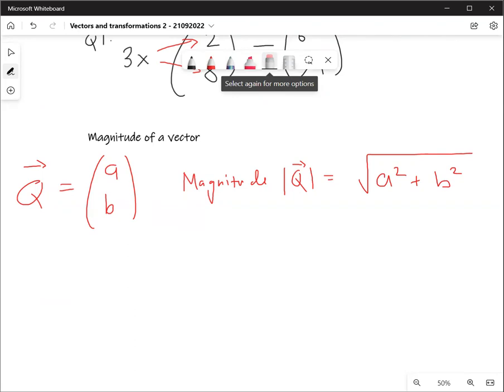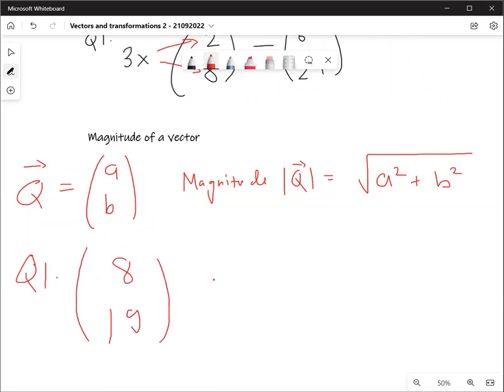Now answer a question. Now let's say question number 1. Manvi, I need you to do this on the board. Anas, do it in your notebook. Now the first one is, let's say you had 8, 19. Let's say this is equal to PQ.